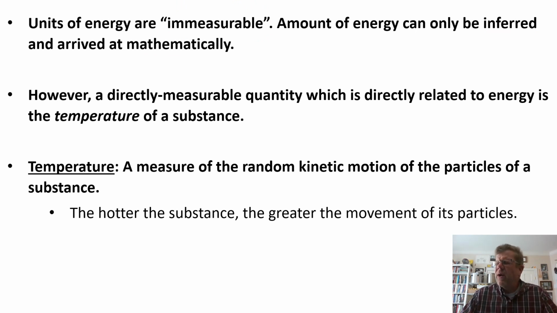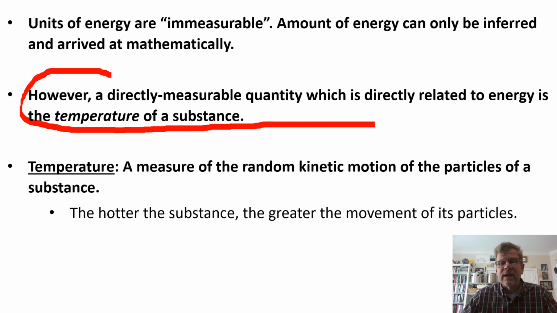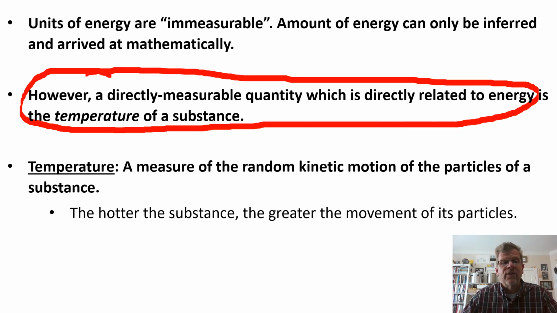When we're talking about heat energy and heat energy flow either into or out of a system, going from the beginning to the end of the process, if heat is flowing in, the temperature of the sample of whatever that system is must go up. If heat is flowing out of that sample, the temperature must go down. Now, temperature is directly measurable, whereas energy is not directly measurable.